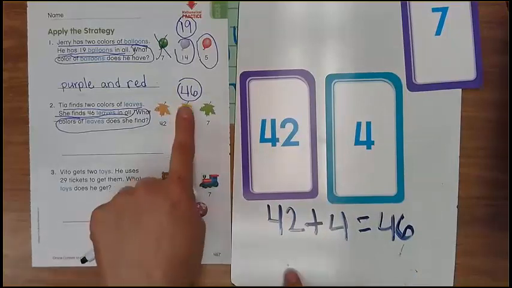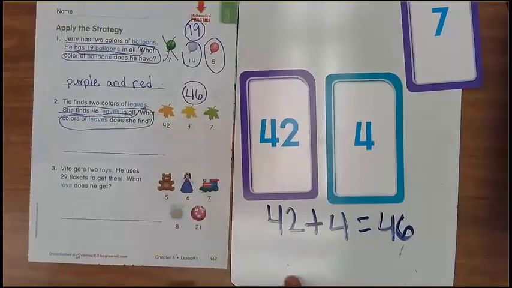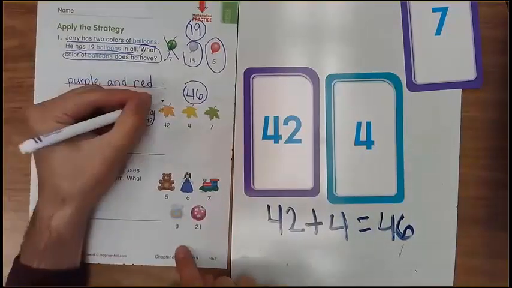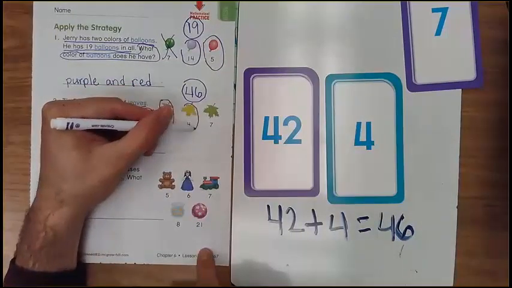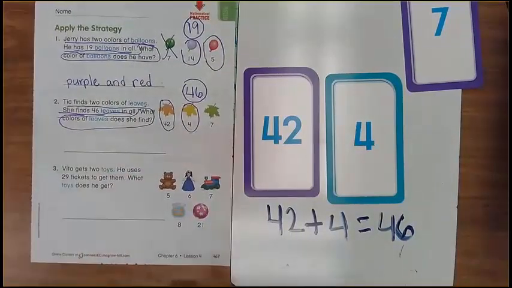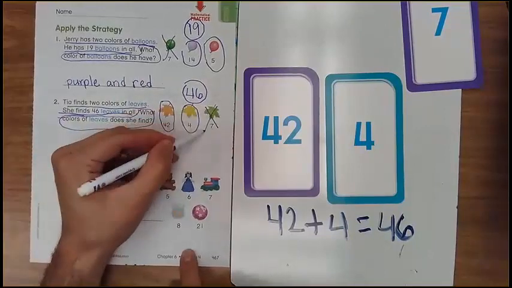Hey, that made the number that I'm looking for, 46. So that means she must have seen the orange, because that's 42, and she must have seen the yellow leaves, right? And not the green.